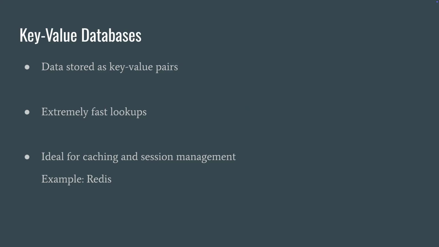And key value databases can be highly scalable, because as your application grows, you can simply add more nodes to distribute the load. So this data model simplicity means fewer overheads when you need to store new types of data.